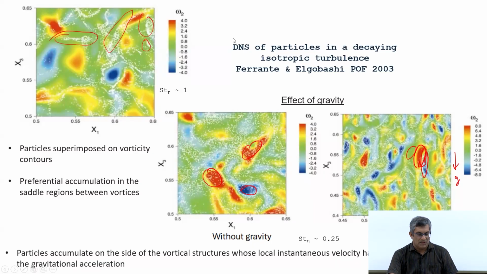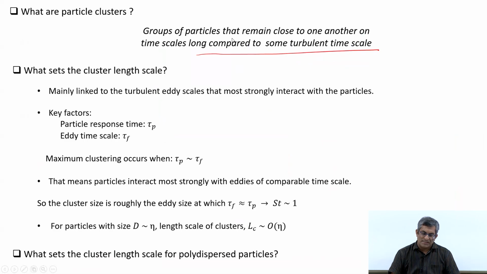That is the question. This is mainly linked to that turbulent ED which mostly interacts with the particles. Now, when can we expect one ED to interact with the particle? If the particle relaxation time is comparable to the time scale of that ED. Then we can say that yes, they will interact with each other.